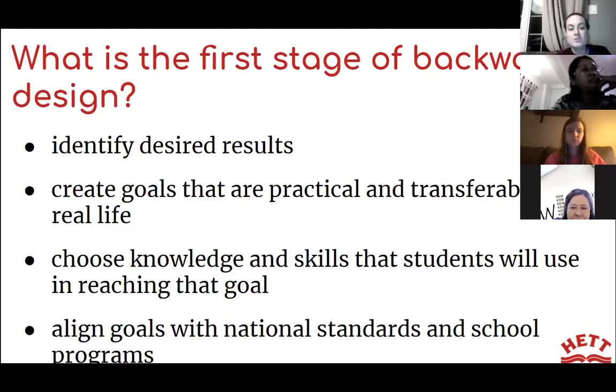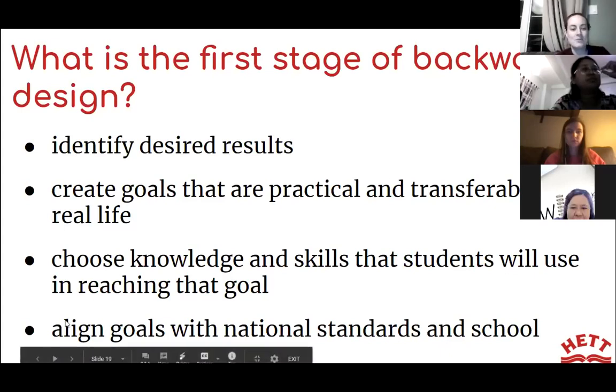And then choose knowledge and skills that students will use in reaching that goal. Also make sure, obviously, that your goals align with your school program, with the national standard, the quality assessment, quality management, the QMS. So making sure it aligns with everything that is required.